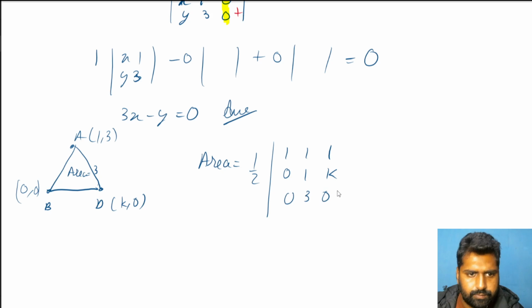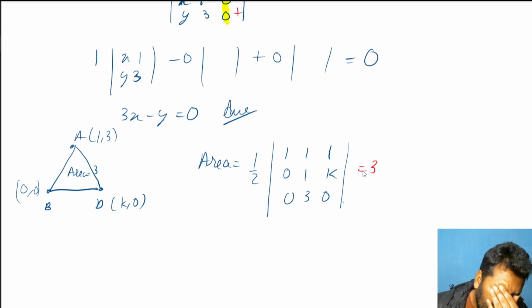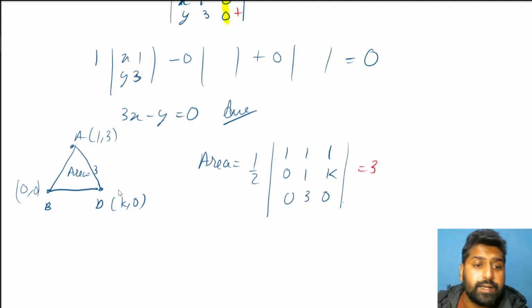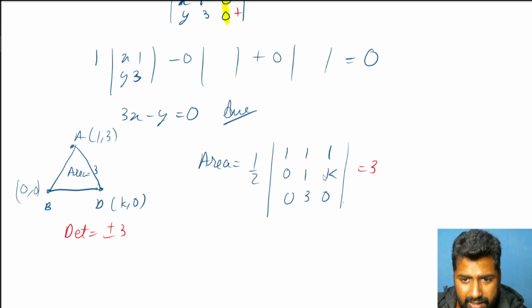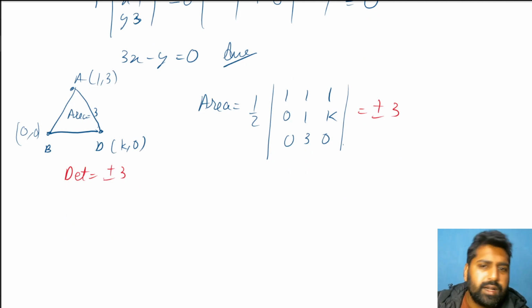Now the point is, should I write directly that this is equal to 3? I told you that a determinant can be positive and negative. The area is coming 3, which means the determinant could have been plus 3 or minus 3. So we have to solve this 2 times: one time for plus 3 and one time for minus 3.